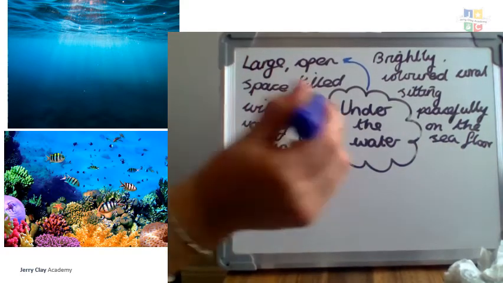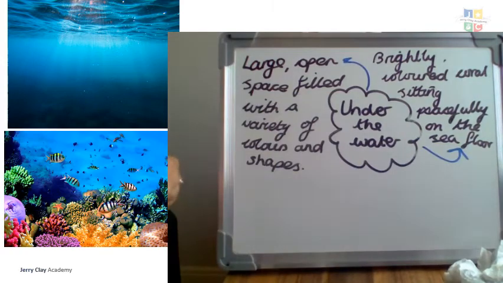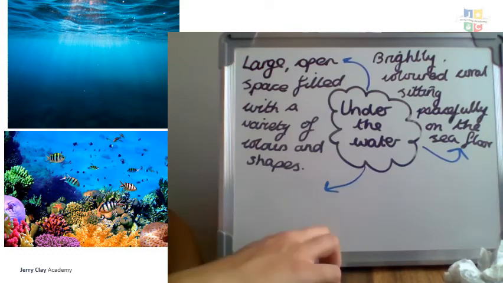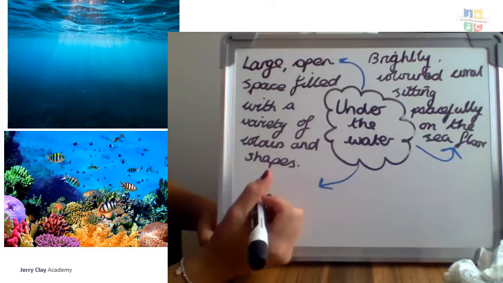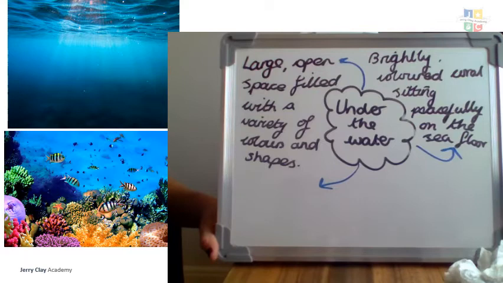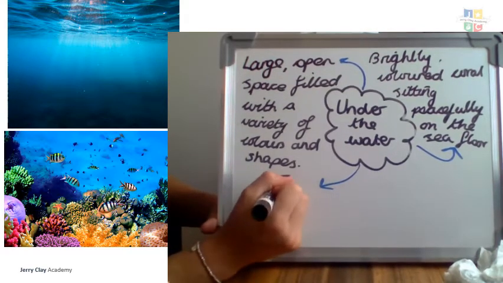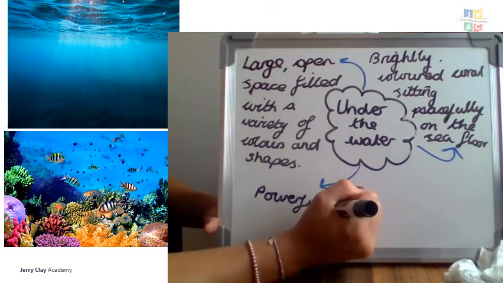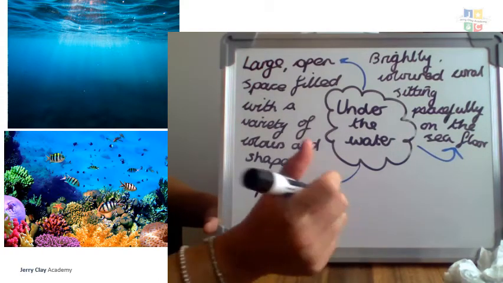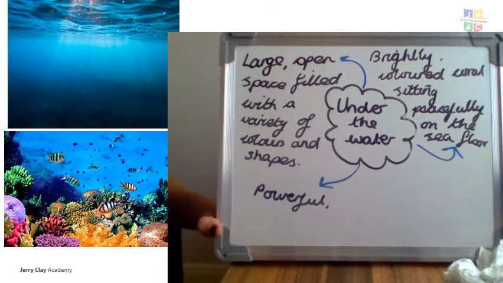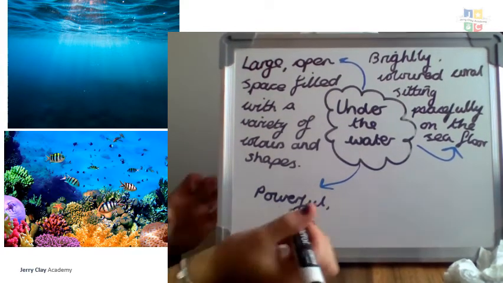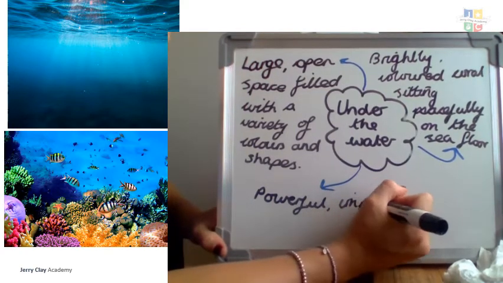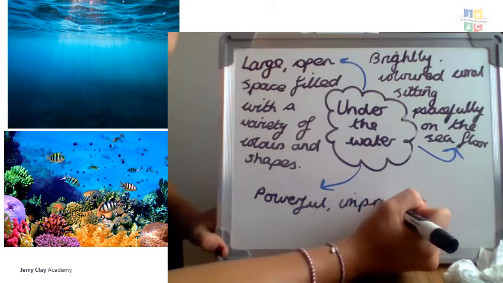We could then think of how we could describe some animals. If you've got a sea turtle, if you're near the Great Barrier Reef in the Pacific Ocean, we could say a powerful, impressive sea turtle. I want another adjective to describe it.